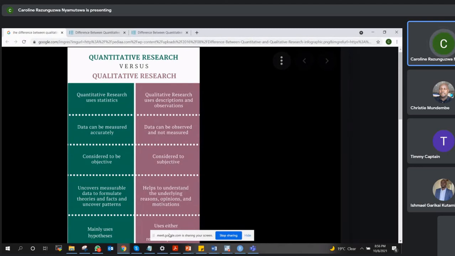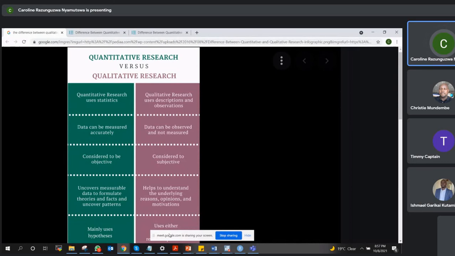All right, we are doing question number 3: using appropriate examples, examine 5 major differences between qualitative and quantitative research approaches. Here we've got a tabular format comparing the two. Quantitative research uses statistics.